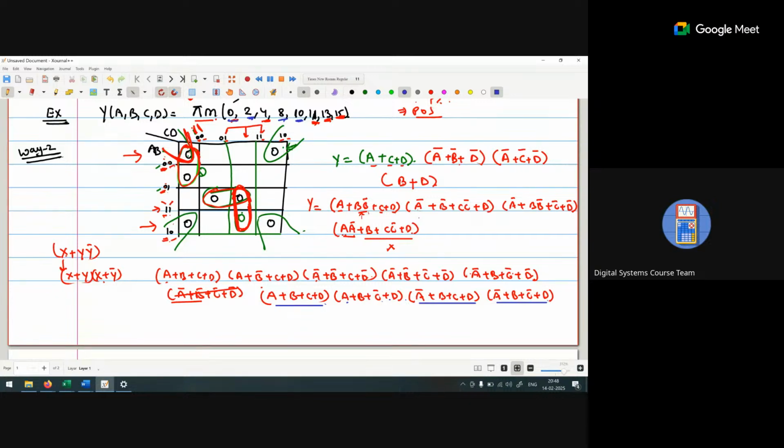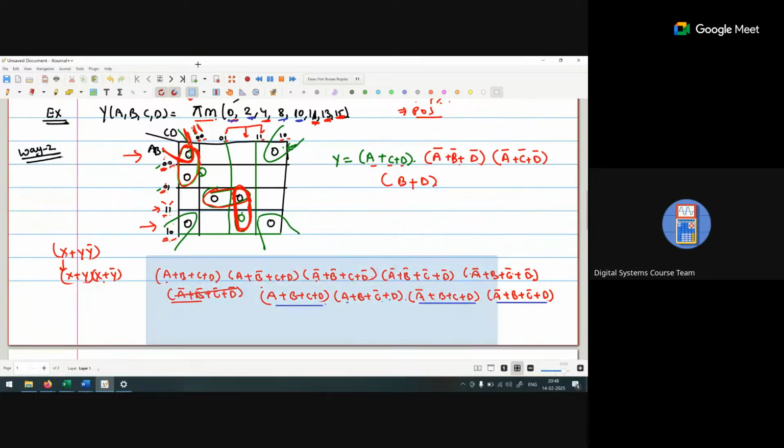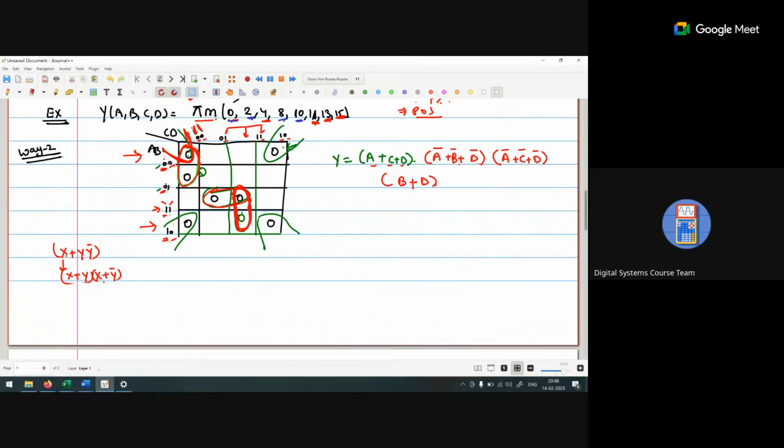So this is the expansion form of this one. You can verify that these are the correct min terms. So there is no need of this one; it is only for the verification. Okay.